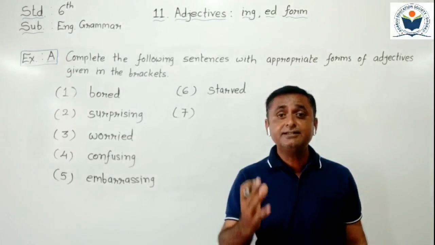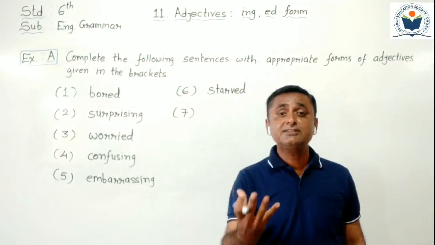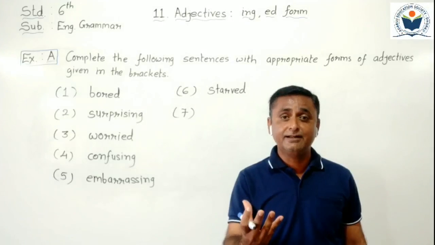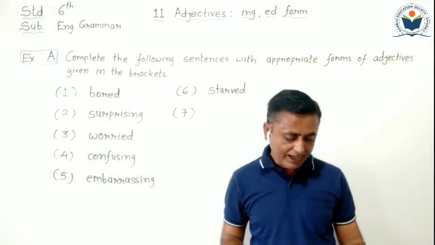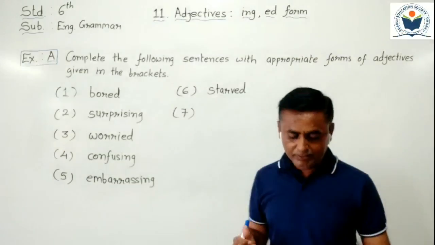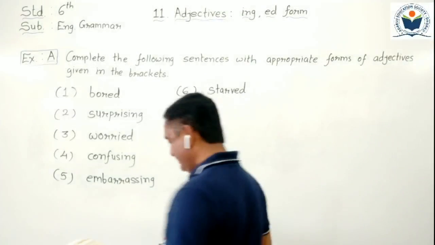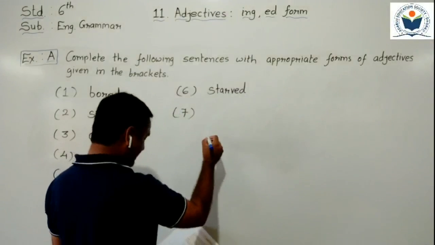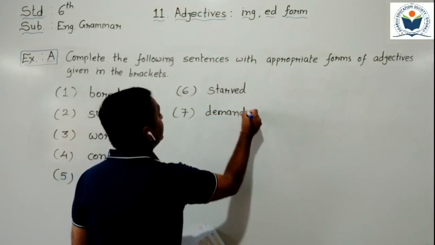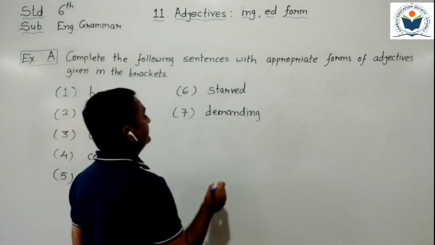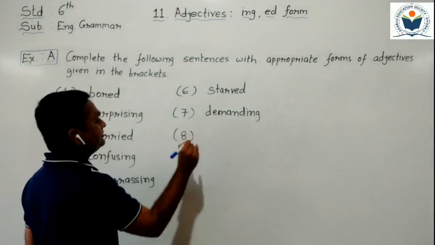Here we describe a person. The description of the person is given here. So whenever a description is given, we put the ing form. So what do we put here? Demanding. In the seventh blank we write demanding. Can you understand, students?